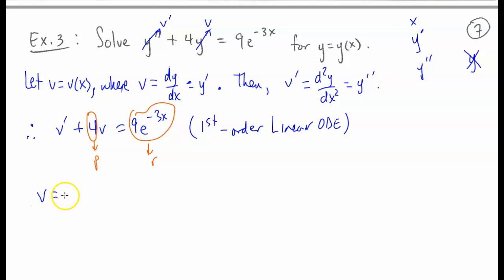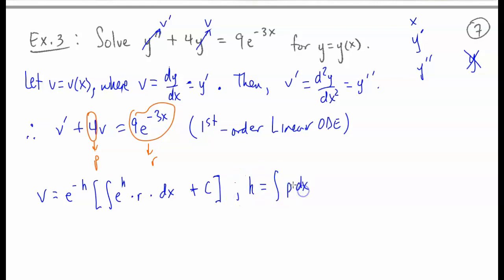So here we're going to say that v is equal to e raised to the minus h, all that times the integral of e raised to the positive h times r times dx. And after the integration is done, we automatically build in our integration constant here. Okay, and all of that is going to be multiplied by e raised to the negative h, and h here is the integral of p dx.